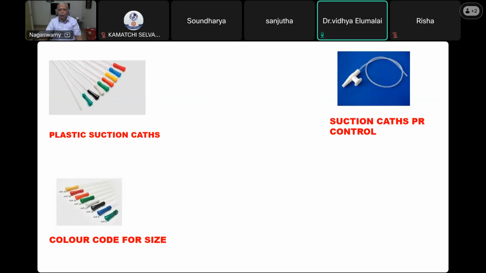By closing this hole with your thumb, you can avoid suction when inserting the catheter. Whereas in these, you have to bend it to prevent the suction being applied when it is inserted. Here you can just close it, and once adequate length is inserted, especially for tracheal suction through the endotracheal tube, you have to avoid suctioning when introducing the catheter. So that can be achieved.